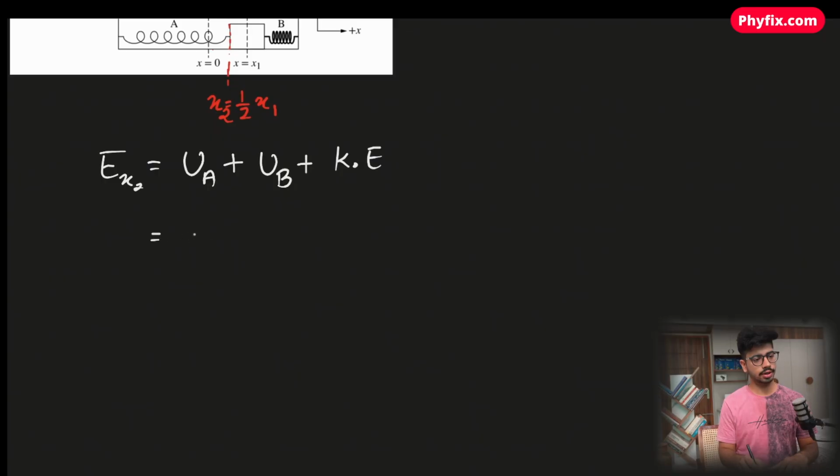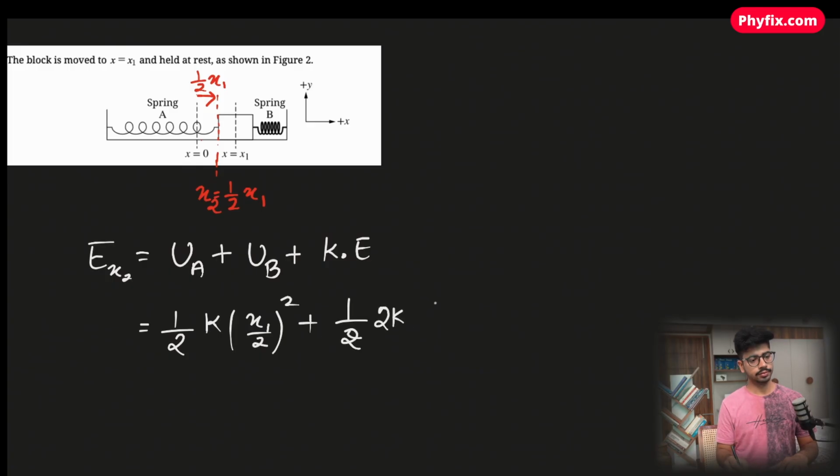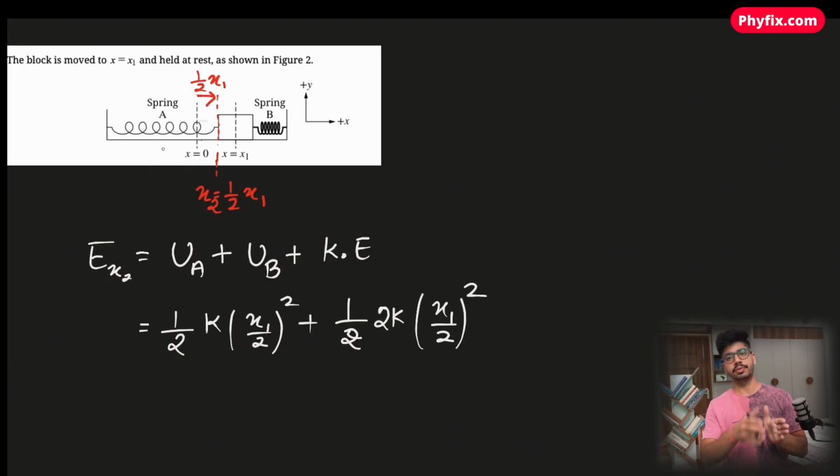So let's calculate again. For A, from the equilibrium position we measure the distance for both of them. So this distance is half of x1, and I'm going to take half of that: half k times x1 by 2 square, plus similarly for B, half 2k times x1 by 2 square. Remember, we always measure the x distance from the equilibrium position.